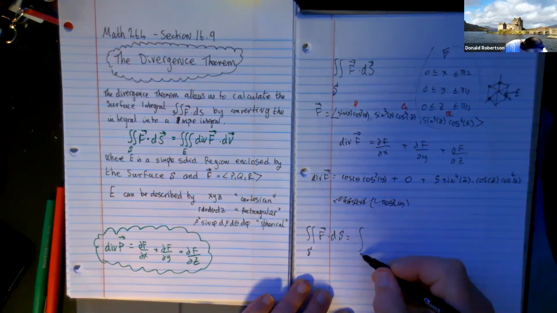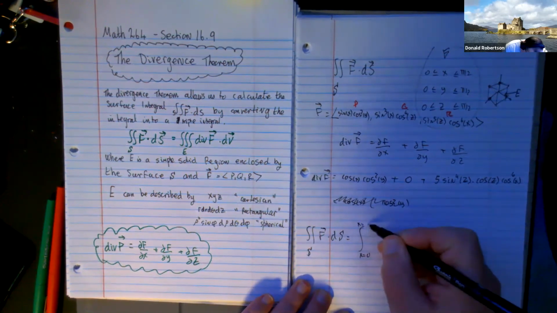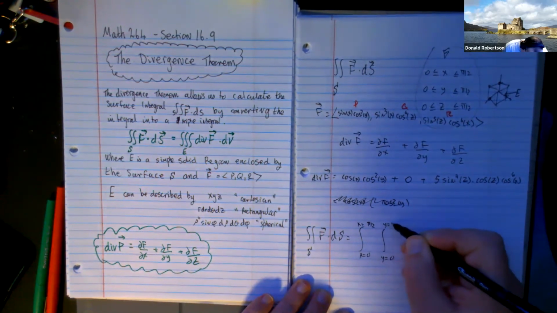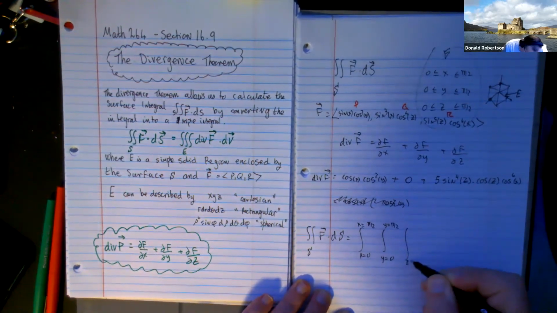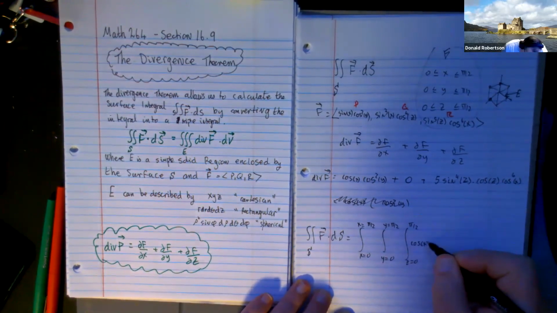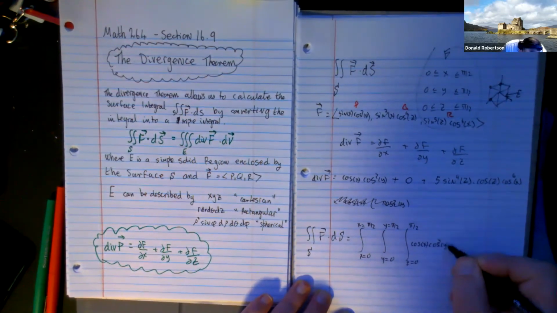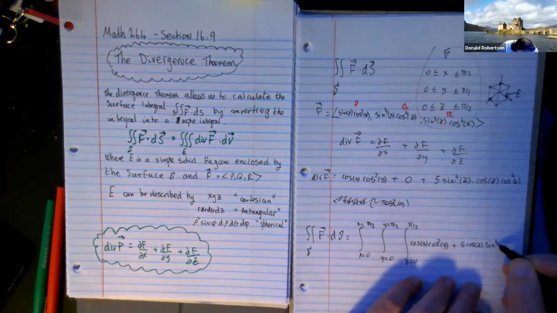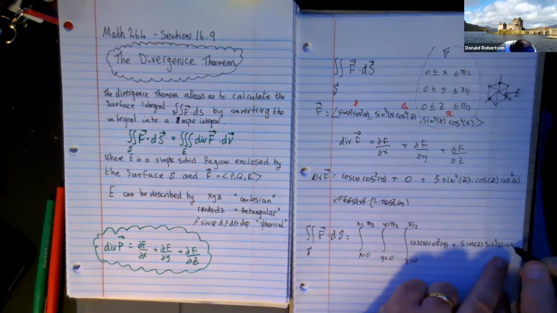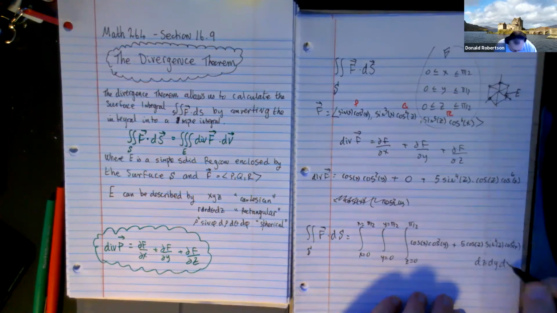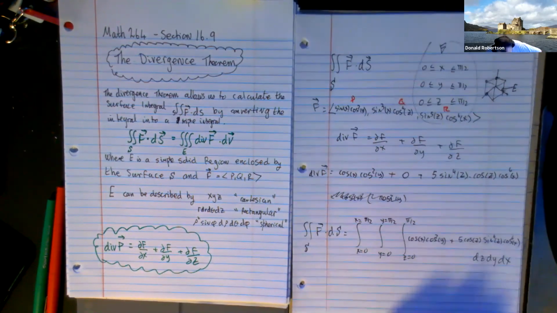So from x equals 0 to pi upon 2, from y equals 0 to pi upon 2, and from z equals 0 to pi upon 2, cosine x cosine squared y plus 5 cosine z sine to the 4z cosine 6x, and do it in the order z, y, and x.